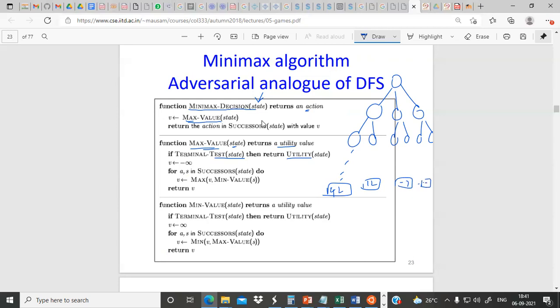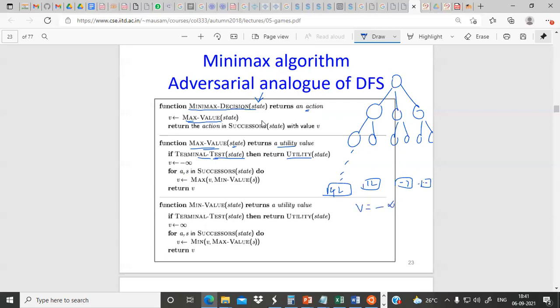So here we check whether the state is a terminal state or not. Terminal means leaf state. If it is a terminal state, then return the utility value, whatever number is associated with it. Otherwise, if it is not a terminal state, then we initially assume the value to be minus infinity.